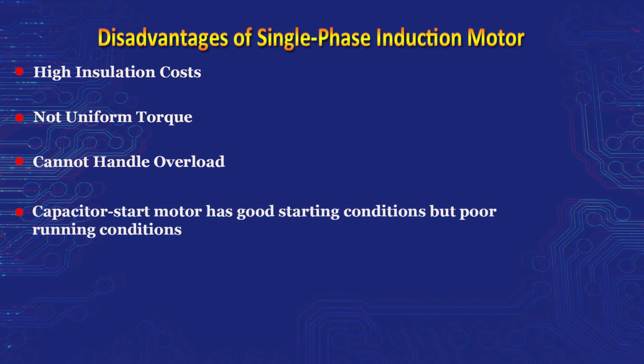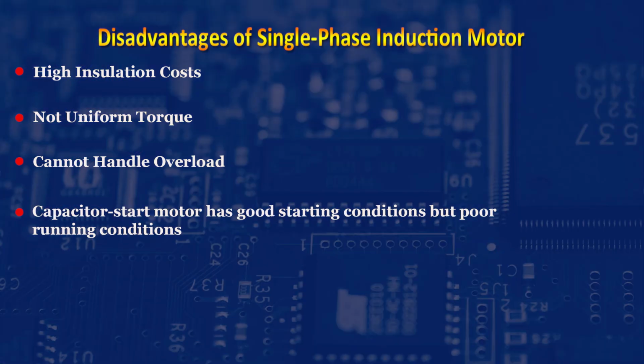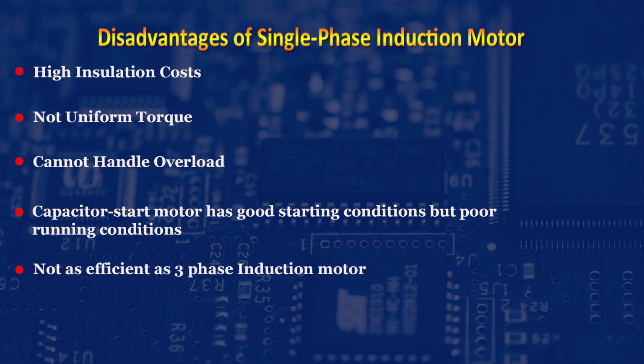We will learn about different types of motor, one of which is the capacitor start motor, that has a very good starting condition but a very poor running condition. Last but not least, it is not as efficient as a 3-phase induction motor.